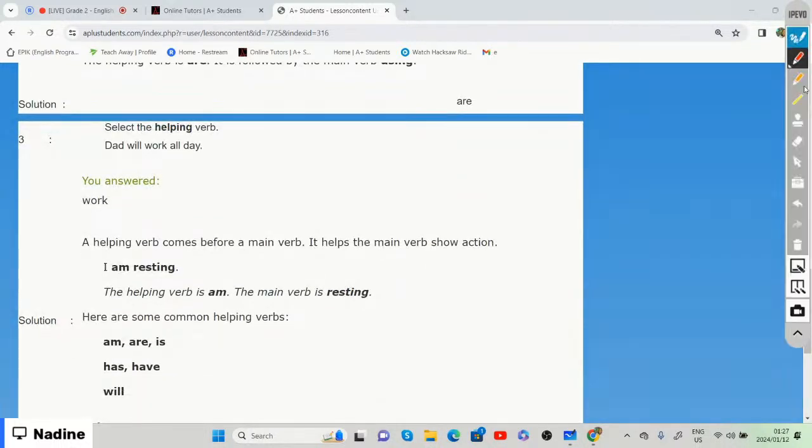All right, so now when we look at the next sentence, it says, Dad will work all day.